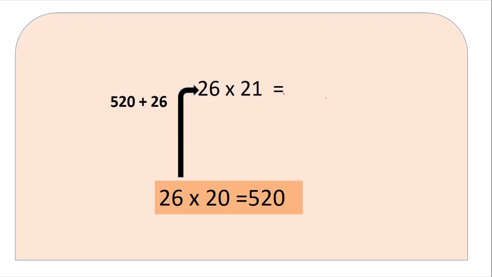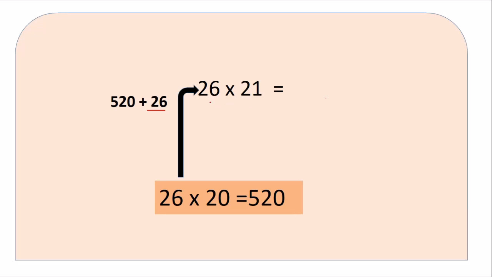Let's do this part now. 26 times 21. Again, we are going to adjust it with 26 times 20. As we already know, the answer of 26 times 20 is 520. Now, as we have to move forward to the next number, we are going to simply add 26 to get the answer.